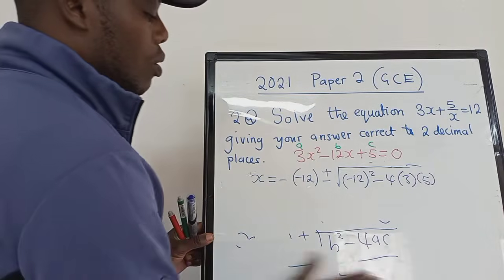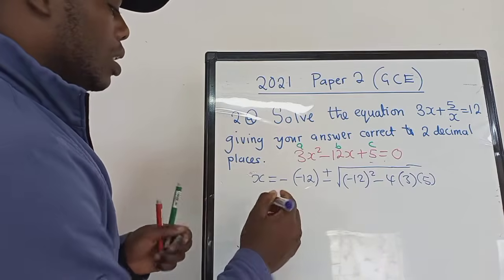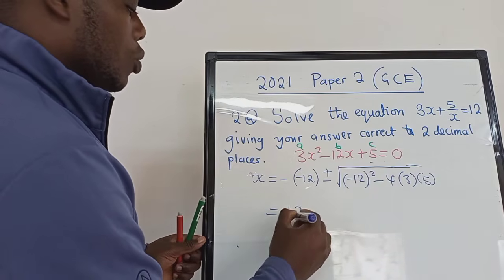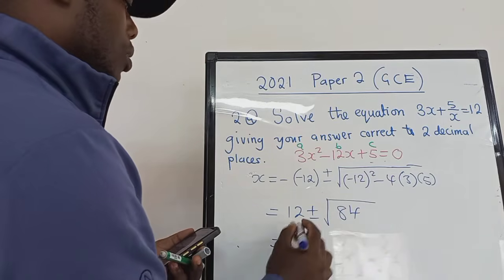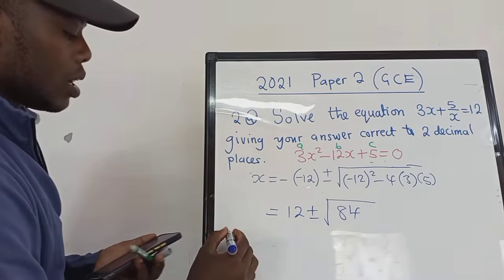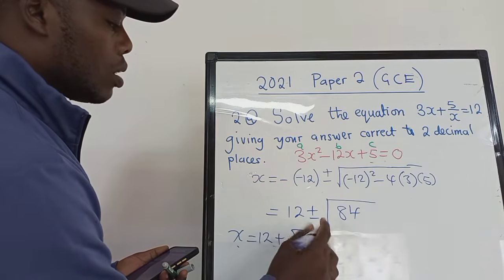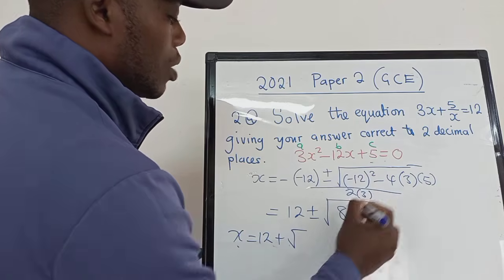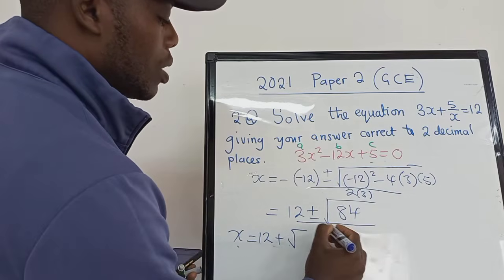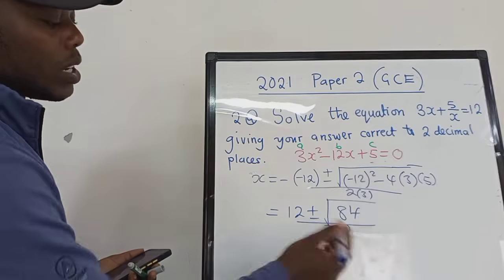We can now work out things. Here we're getting a positive 12 plus 84. So x will be equal to 12 plus root over 84. Actually here there is 2 multiplied by 3 on the denominator.